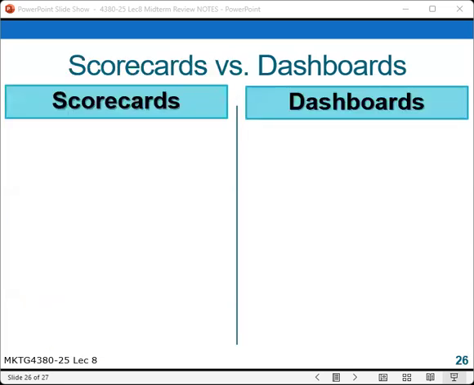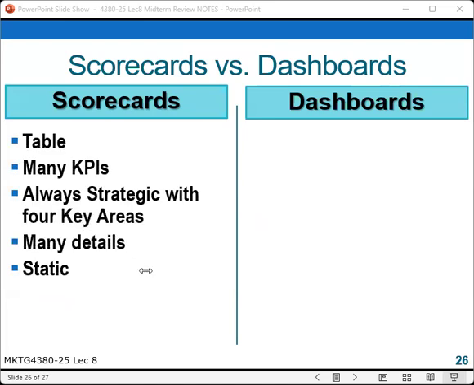Okay, so in the lecture, we compared balanced scorecards to dashboards. Saw that while they were quite similar, they do have some key differences. So on the left here, we see scorecards are typically in larger tables with many KPIs.